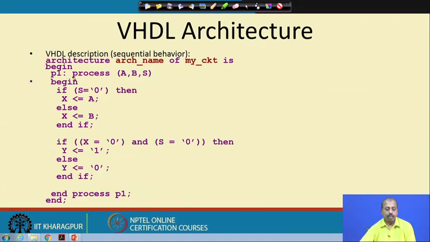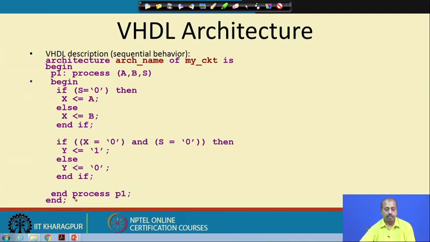Whenever you are trying to define something sequential, you have to take help of this process block. So, P1 is a process. Now, begin, if s equal to 0, then x equal to a, else x equal to b, end if. If x equal to 0 and s equal to 0, then y equal to 1, else y equal to 0, end if, then end process P1.